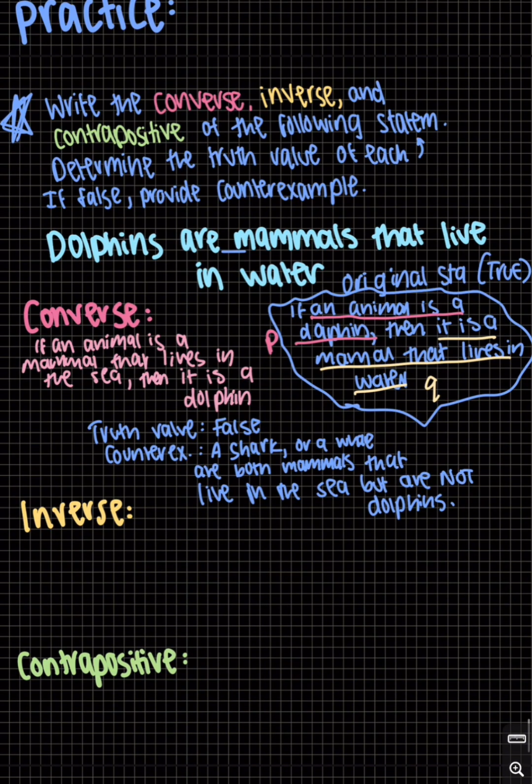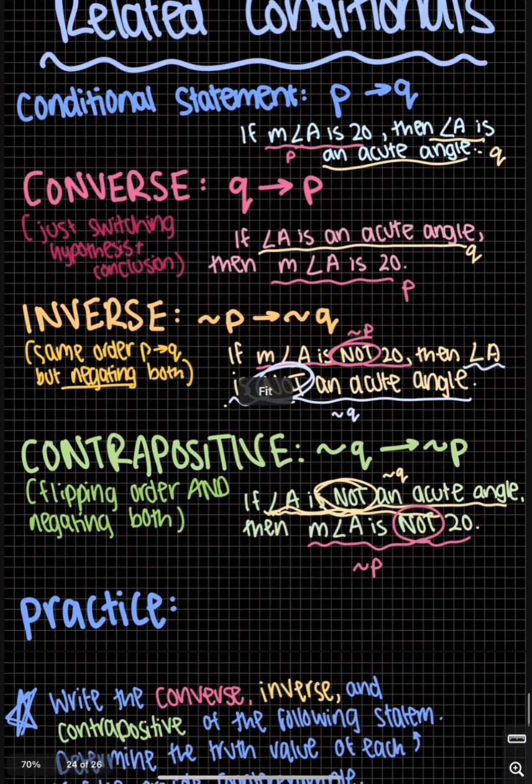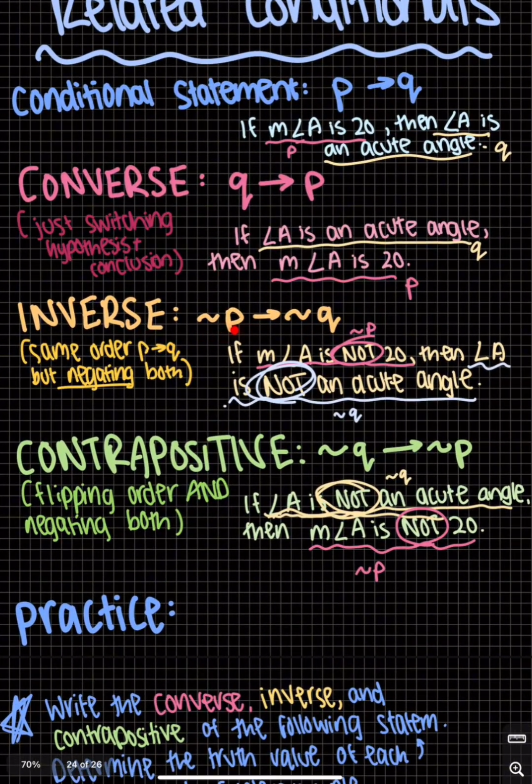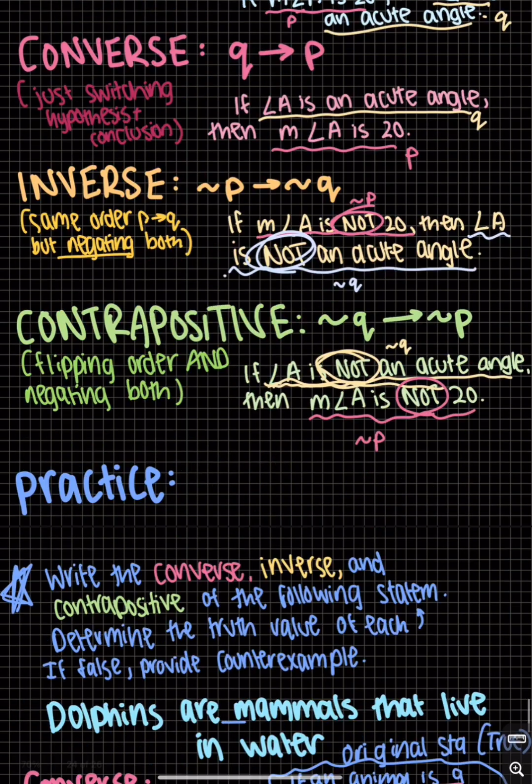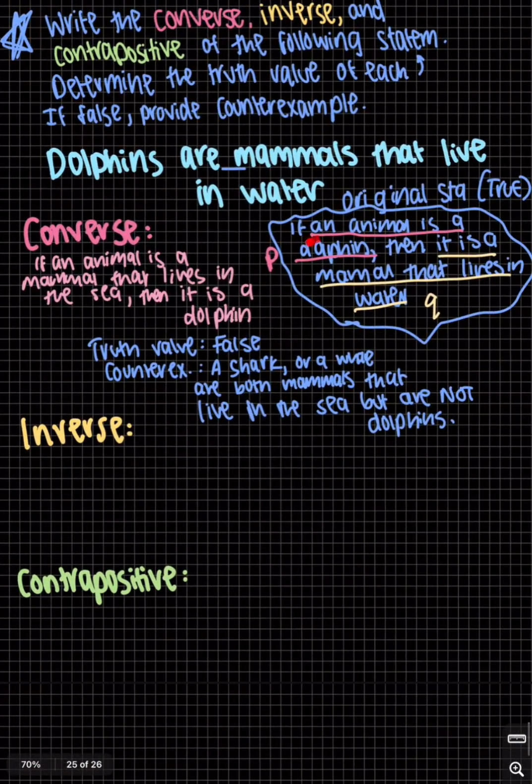Okay, now I'm going to go back to my review page, and I wrote here that the inverse is the negation of P, then the negation of Q. Okay, so here was P, right?